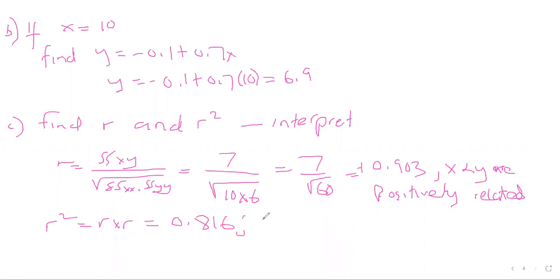What does this mean? 81.6% of the variation in y is explained by x. So that is how you do regression, which is linear. This is the most basic way you could answer a linear regression question.